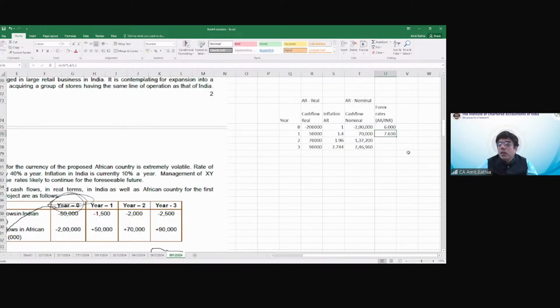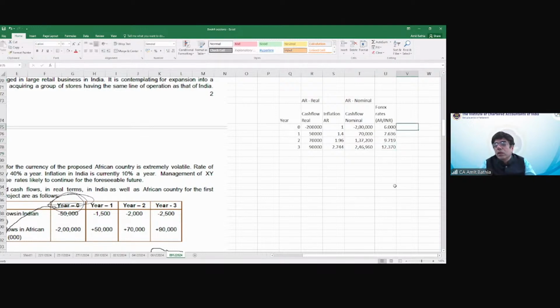So you have to, again, 7.636 into 1.4 upon 1.1. So you will get 9.719. Similarly, for the last year, you will again say 9.719 into 1.4 upon 1.1. So I get my forex rates for the 3 years at the end of year 1, 2, and 3 respectively. Got it, everyone?